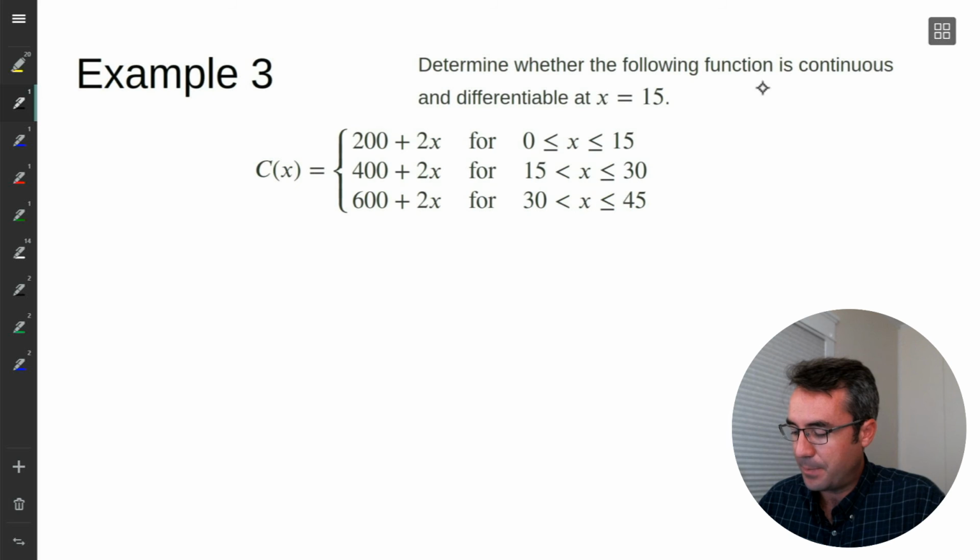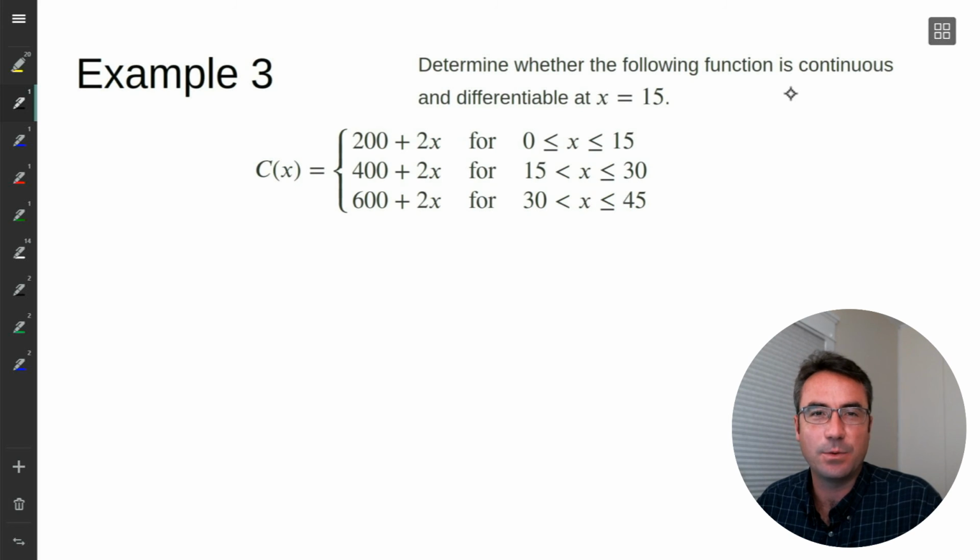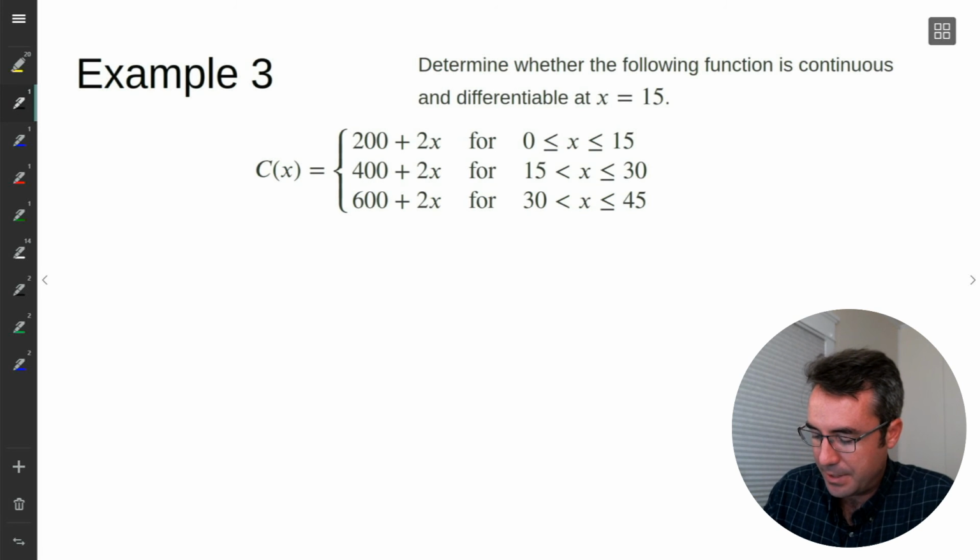So let's start by checking continuity. Is this function continuous at x equals 15? A lot of times with these piecewise functions, the pieces don't quite line up. There's possibly a jump or a break in the graph. All right, so to check continuity, what do we need?